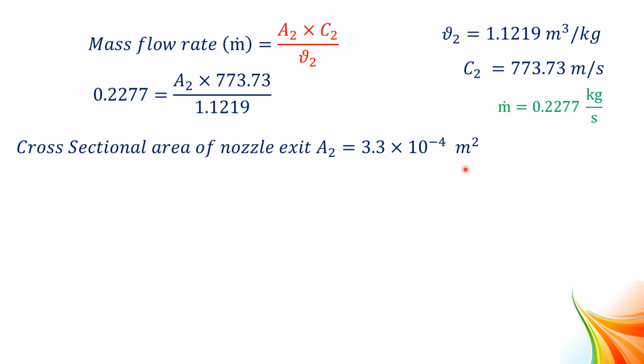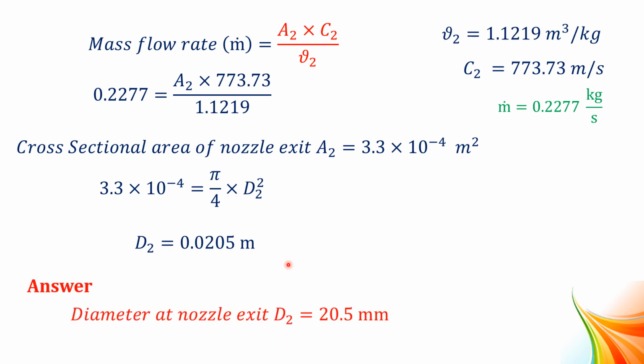Now we know area A2 equal to pi by 4 into d2 square. Substituting the area value here, we can find out the unknown value d2. So d2 equal to 0.0205 meter. So diameter of the nozzle at the exit d2 equal to 20.5 millimeter. Thank you.